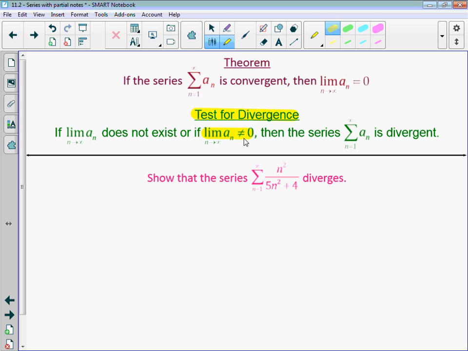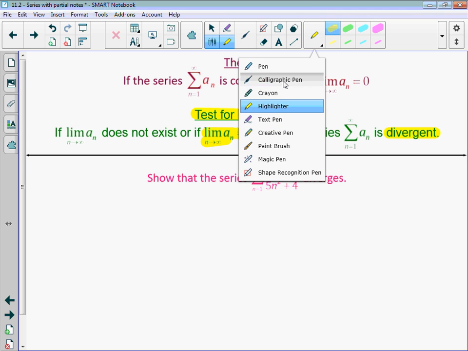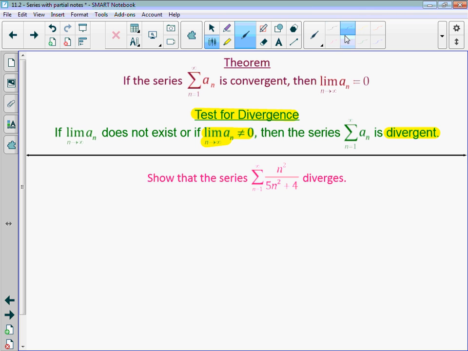So if it doesn't exist, or it doesn't equal 0, that's the main point of it, then it's divergent. So that's one of those tests where it's quick to do. If it's not quick to do, a lot of times you end up using a different test anyway. But all we have to do is take the limit and see if it's equal to 0 or not.